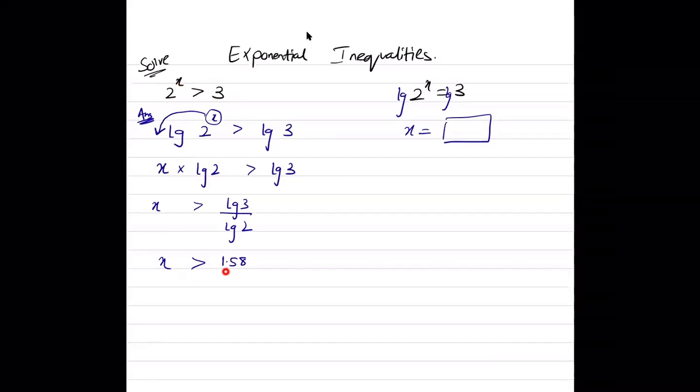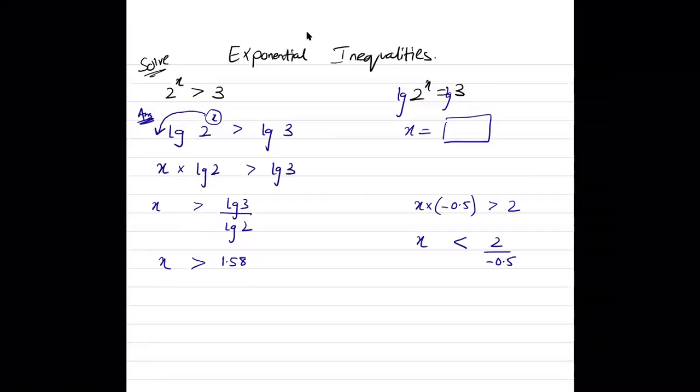If x is less than 1.58, then the sign of the inequality would be flipped. Now, do you remember that whenever we were solving inequalities and we multiply or divide by a negative number, the sign of the inequality actually flips? For example, if I have negative 0.5 times x, let's say, greater than 2, if I divide 2 by negative 0.5, I'll have to flip the sign.